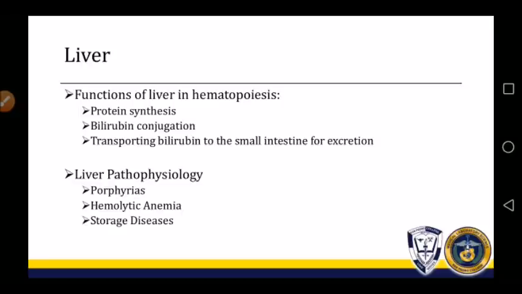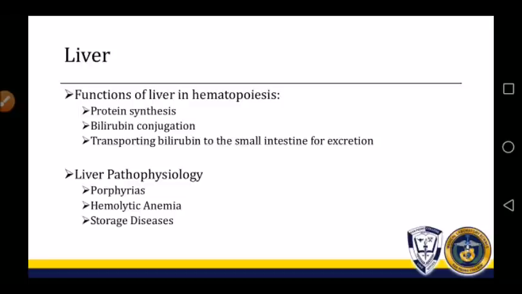The next function of liver, which is indirectly involved in hematopoiesis, is the bilirubin conjugation. So, unsa gani si bilirubin? Bilirubin is the breakdown product of heme. You have learned from previous discussions na si RBC, 120 days lang ang iyahang lifespan. And as RBC dies, si hemoglobin is broken down.